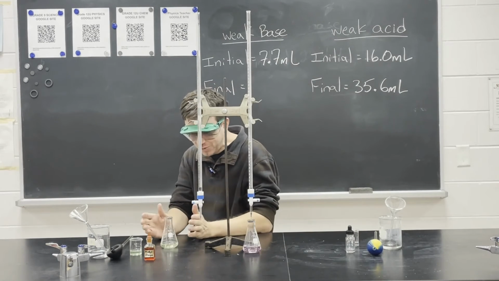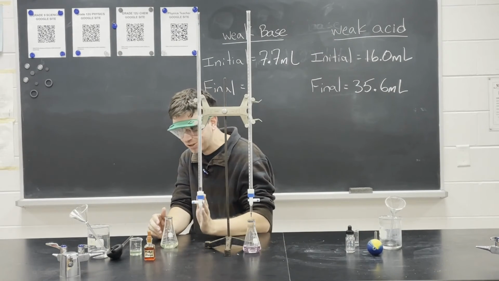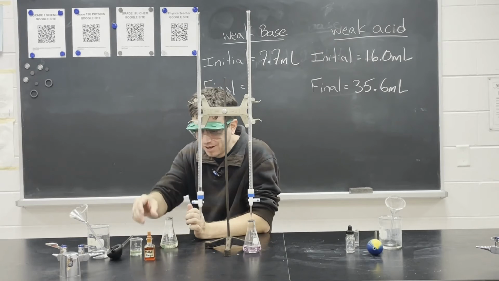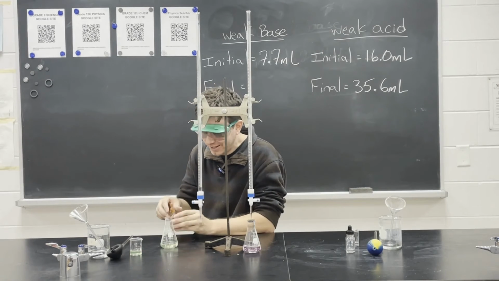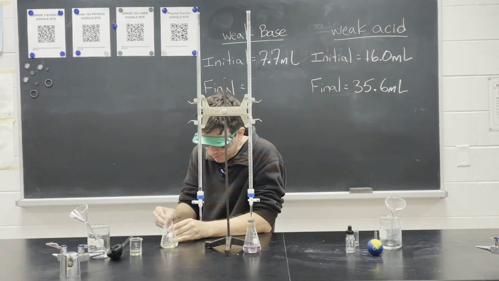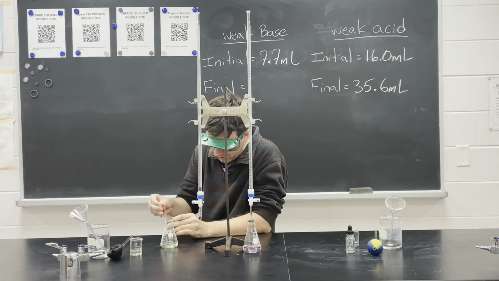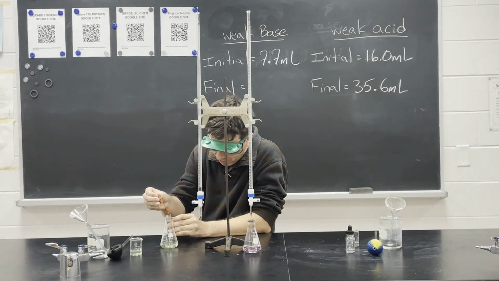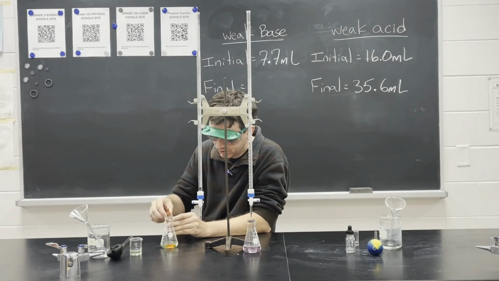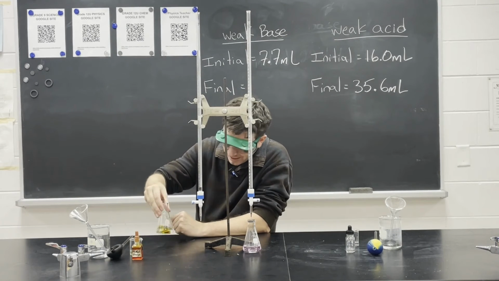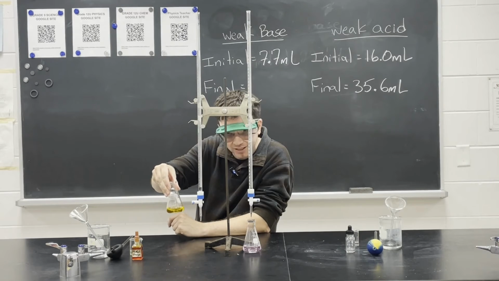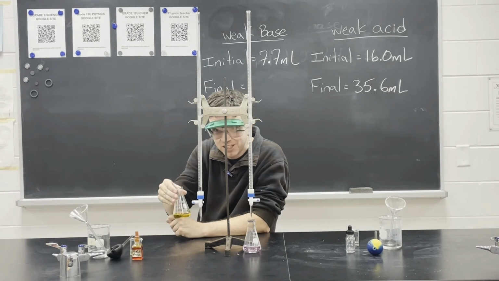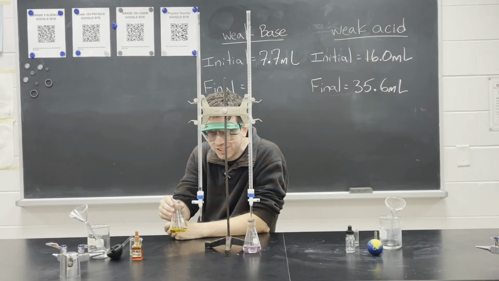And when we're dealing with a weak base and a strong acid, methyl orange is a good indicator to use. So I'm going to put in 2 drops and 1 for good luck. You can see the color is a nice yellowish color. We need to get that to change to just an orangish color.